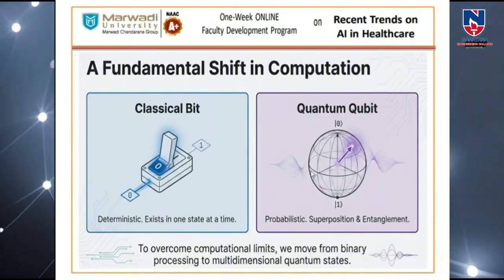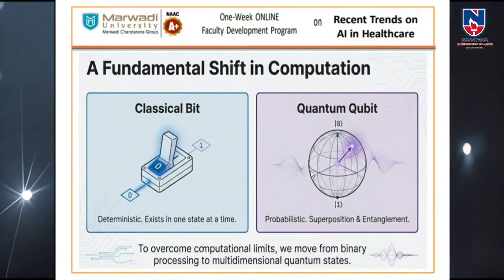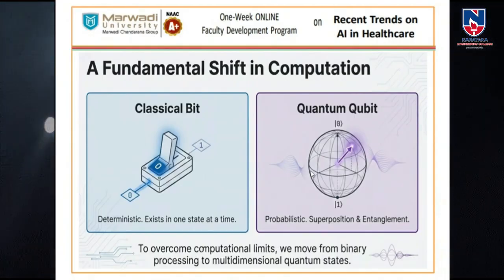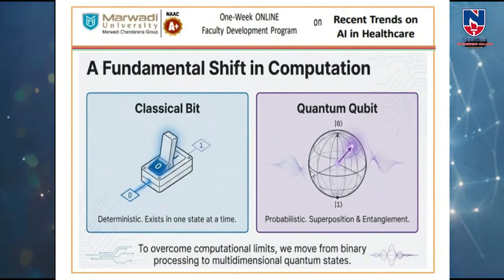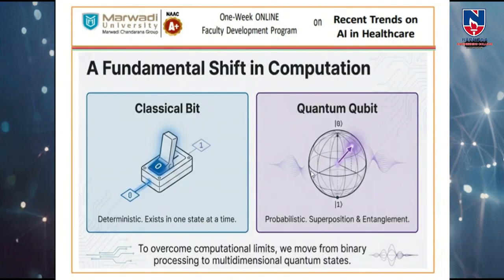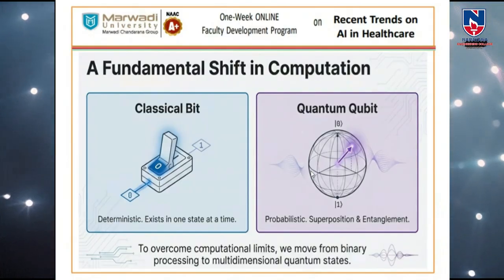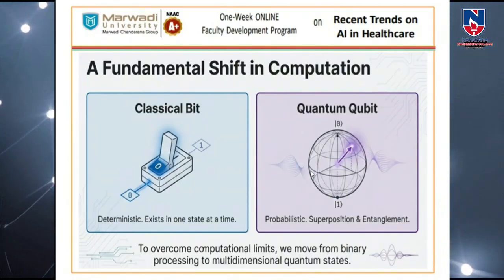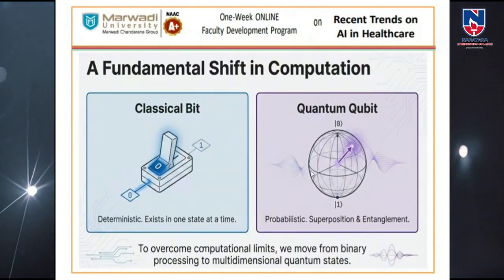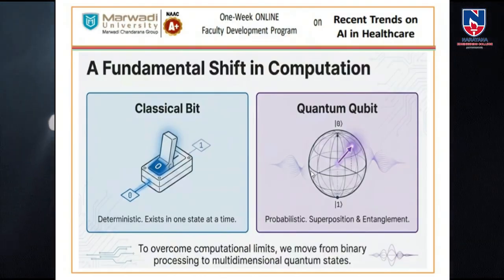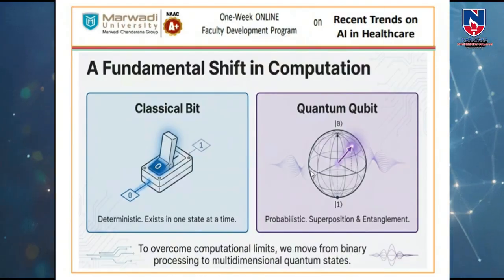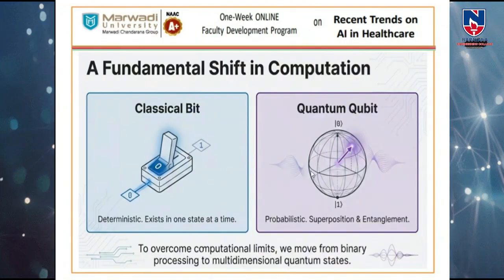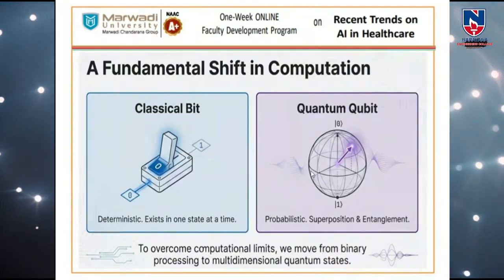For example, I can find the age of any human being by knowing the date of birth. What is the age today? That is classical theory. Whereas in quantum theory, up to what extent he will be alive, I can't predict.